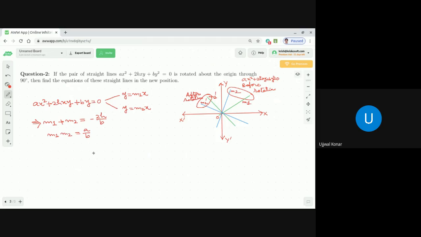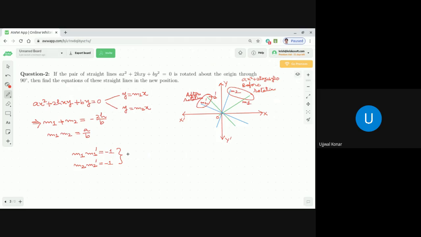Then one relationship we can find now. m1 into m1 dash should be equal to minus 1, because the old position of the green line and the new position of the green line are perpendicular. The slope of the old position of the green line is m1 and the slope of the new position is m1 dash, so m1 into m1 dash equals minus 1. In a similar manner, m2 into m2 dash is equal to minus 1.